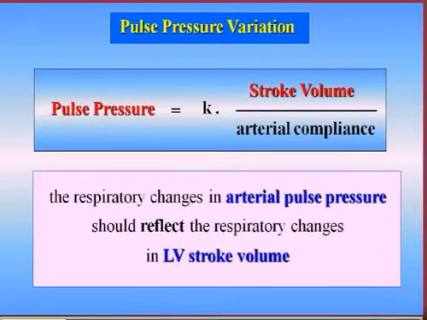Because pulse pressure is directly proportional to stroke volume and inversely related to arterial compliance. So if we assume that arterial compliance doesn't change during the respiratory cycle, we can assume that the respiratory changes in arterial pulse pressure should reflect the respiratory changes in left ventricular stroke volume.